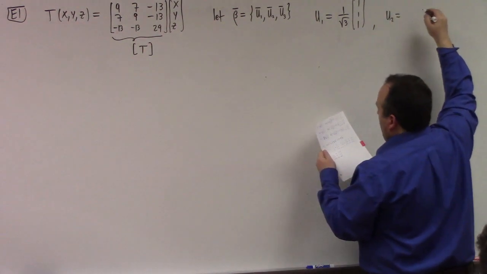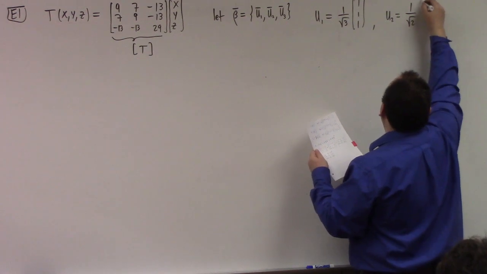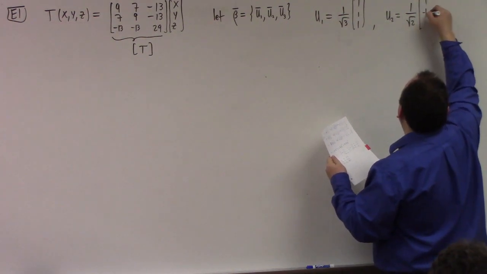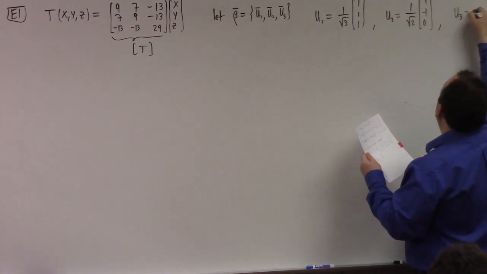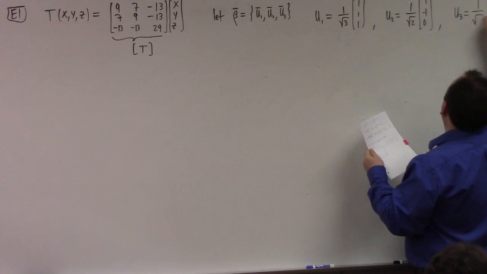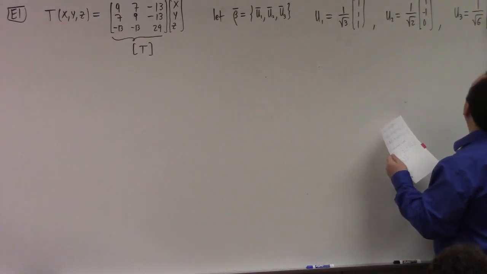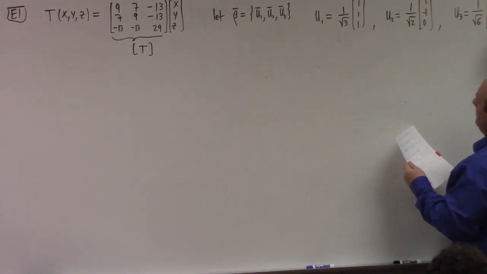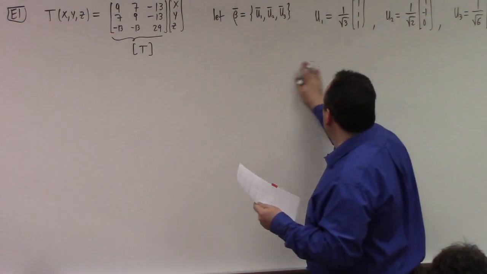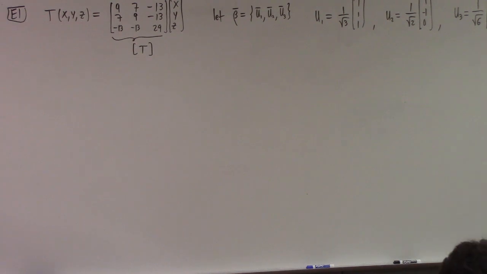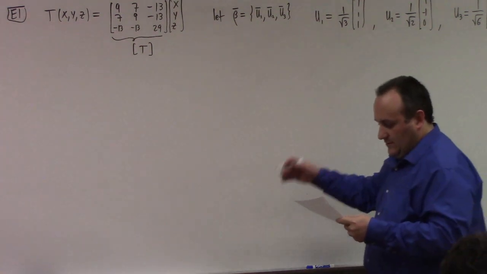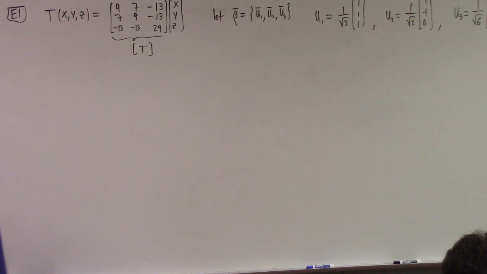U2 is 1 over root 2 times (1, minus 1, 0). And U3 is 1 over root 6 times (1, 1, minus 2). This is a very nice basis. Why is this so nice? Can you tell me what's the nature of this basis here?